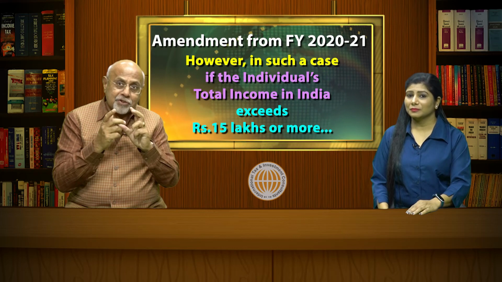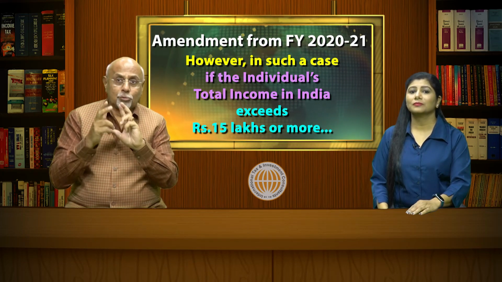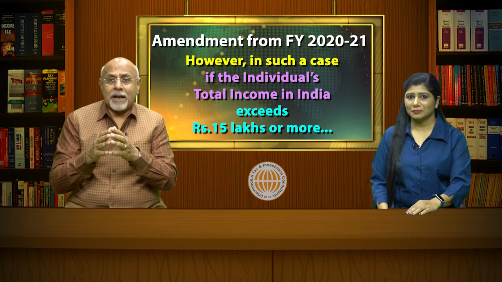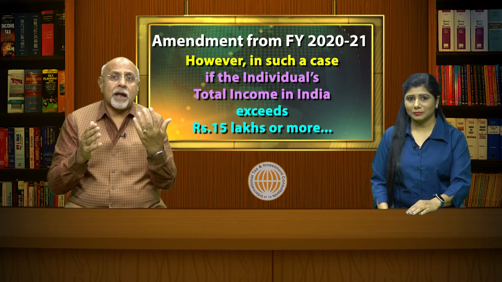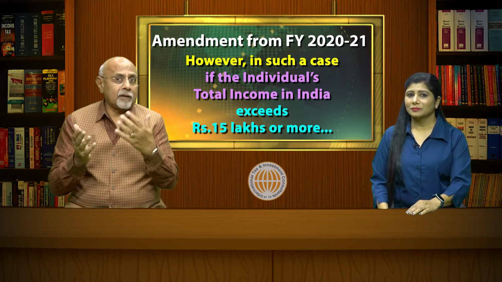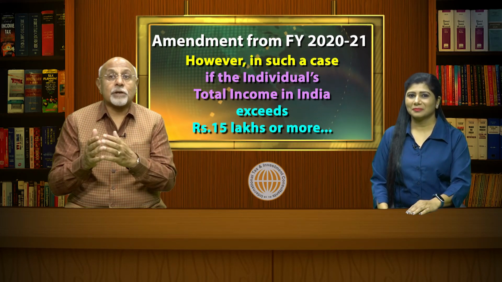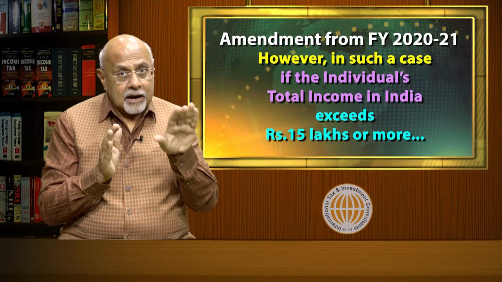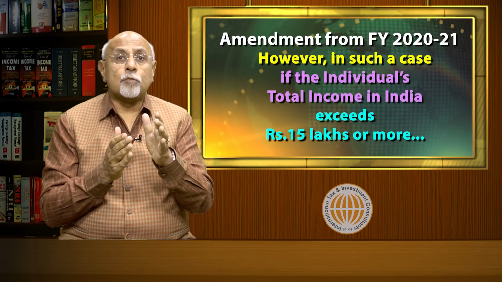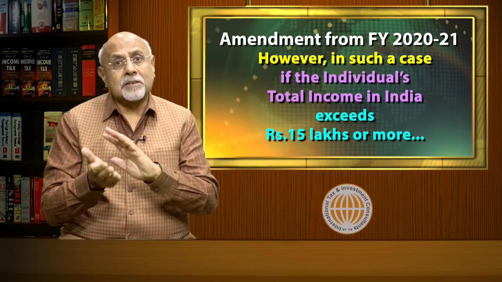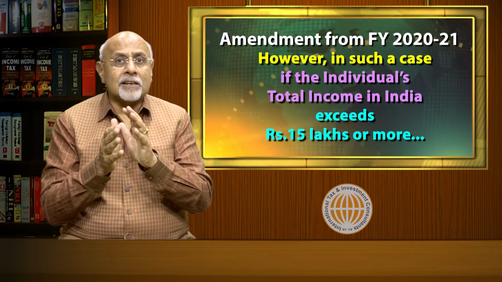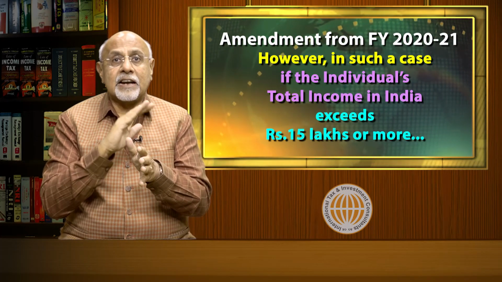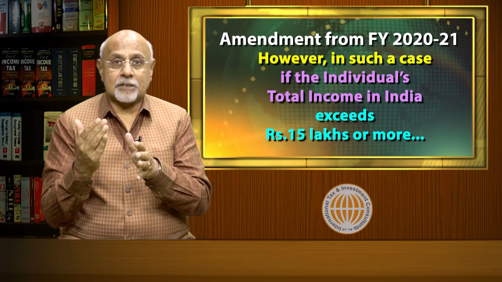This was a provision which was being misused by people who had set up their place somewhere nearby in a tax haven, say Dubai or other places where there is no tax at all, or where there are lower tax rates. What they would do is spend 6 months there, 6 months here, and try to manage their affairs in a way that they maintain the non-resident status to get certain tax benefits.